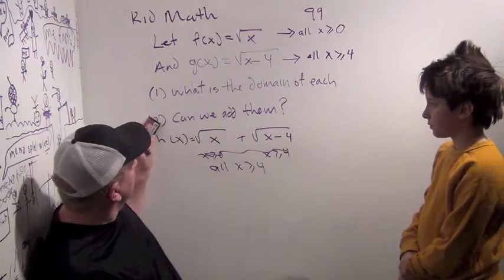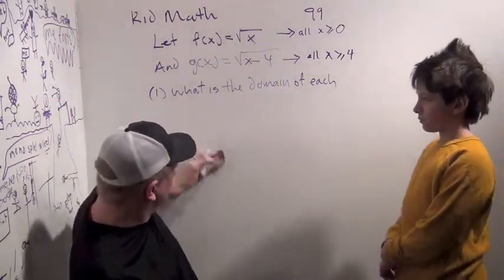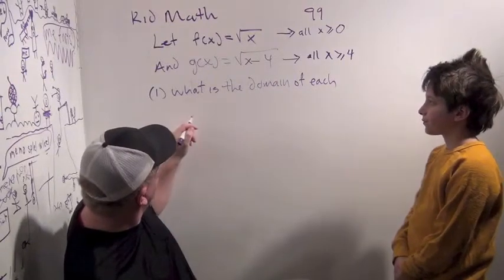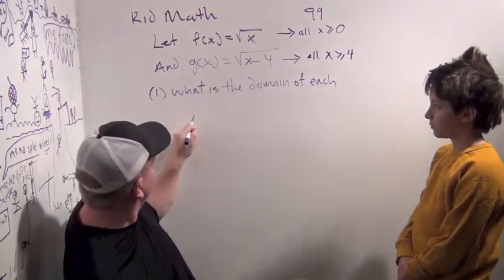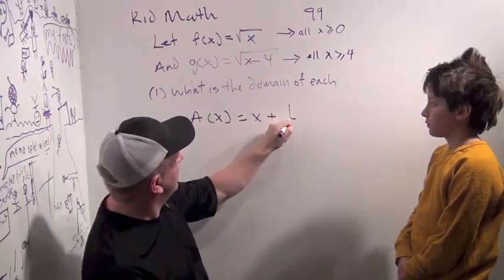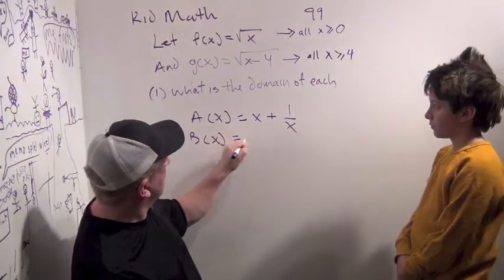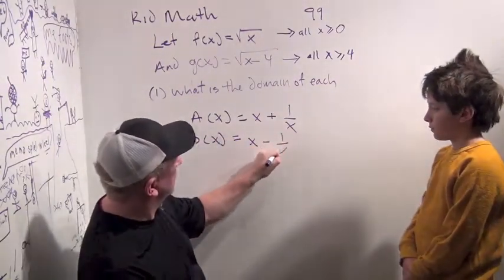But here's an even kookier example. I won't use f and g. I'll call a of x equal x plus 1 over x, and b of x equal x minus 1 over x.